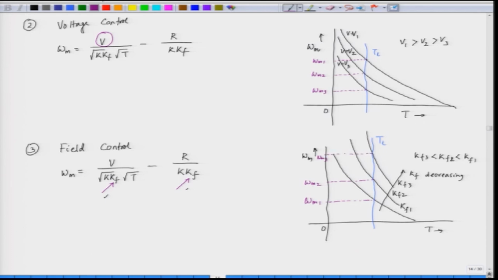So, the speed increases. It means if we go for field control, reducing the field constant Kf, the speed increases. So, the field control is employed for higher speed applications.